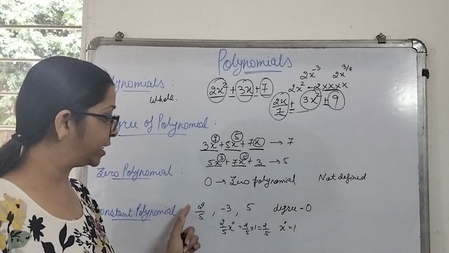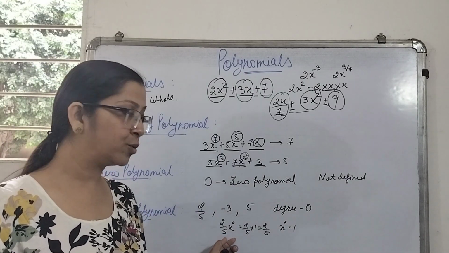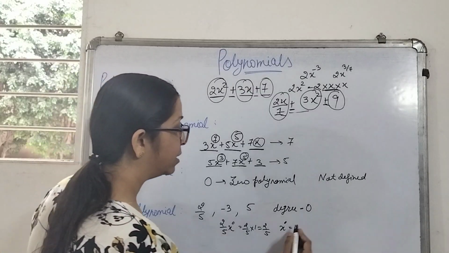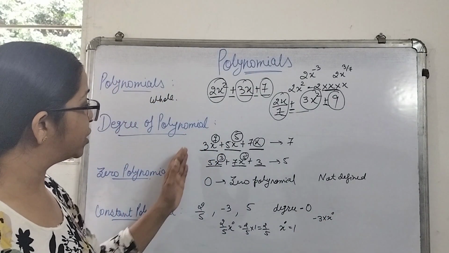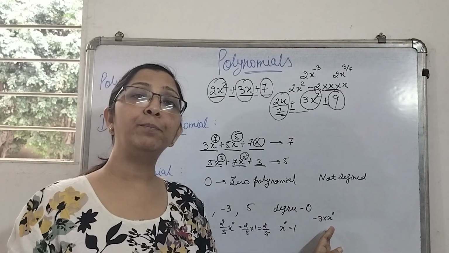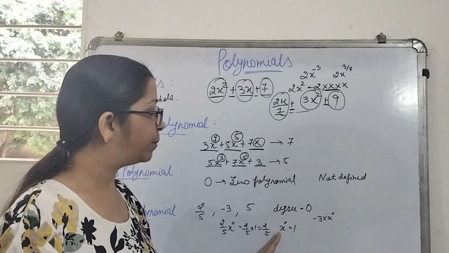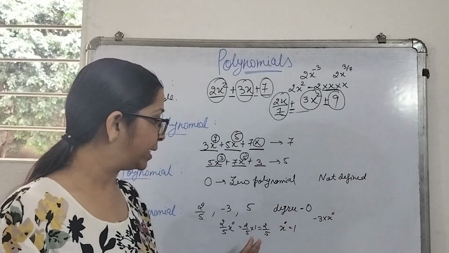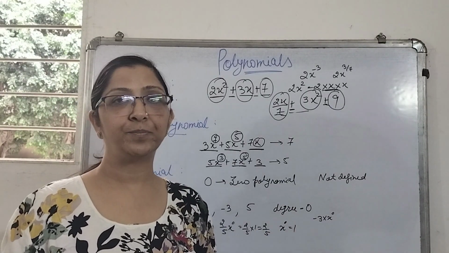That's the reason we can write 2 upon 5 as 2 upon 5 multiplied by x raised to the power 0. We can write minus 3 as minus 3 multiplied by x raised to the power 0 also. And we have just learned that whatever the power of the variable is, that is the degree. Here the power of the variable is 0, so for constant polynomials the degree will be 0.